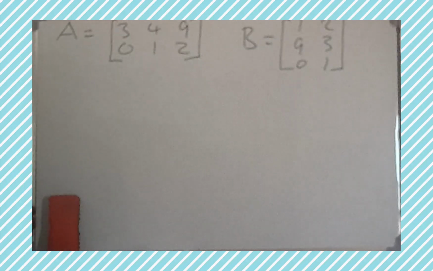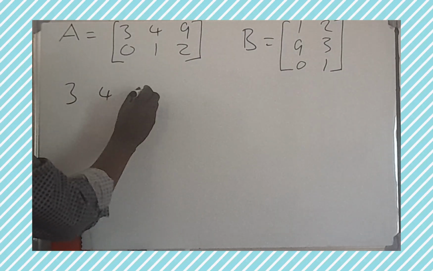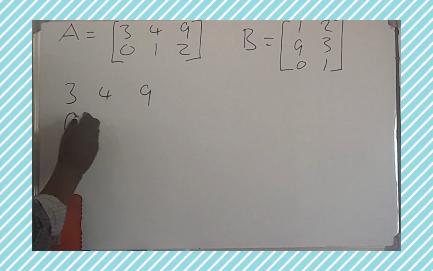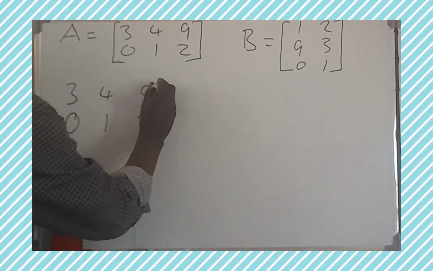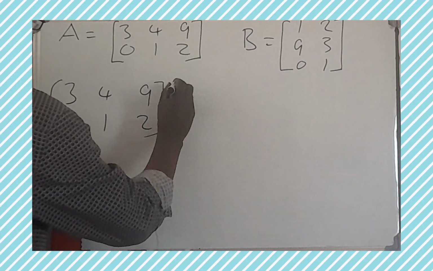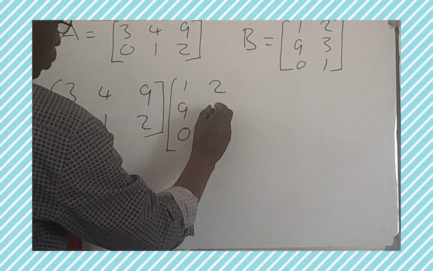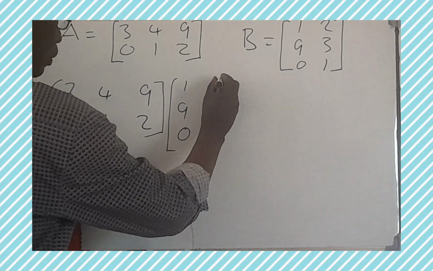So what we have here, we'll put our A here. It's 3, 4, 9, 0, 1, 2. Multiplying our B, 1, 9, 0, 2, 3, 1.